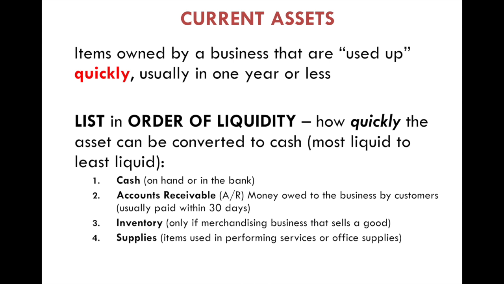So different assets have different rates at which they can be turned into cash. For example, generally it's easier to sell a car than a house. Now, this will depend. In Ottawa, the housing market is absolutely insane, and houses get sold within a day. It usually takes longer than a day to sell a car.